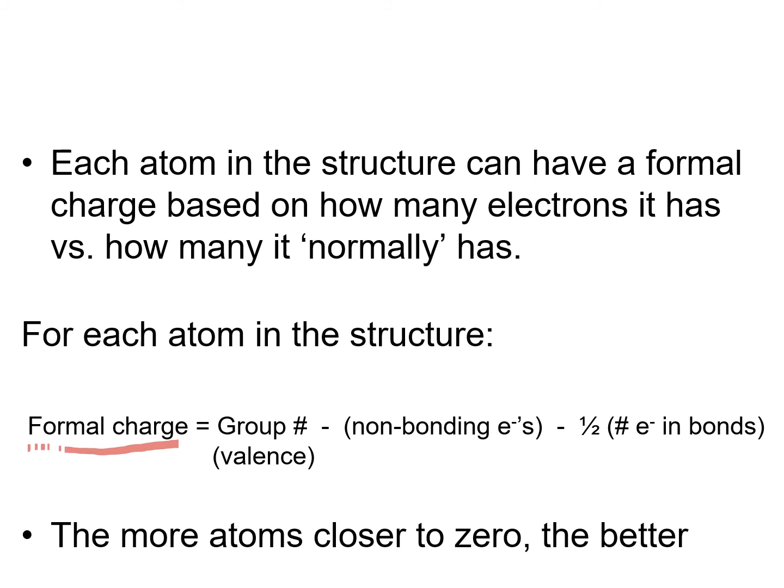We're going to take that and subtract the non-bonding electrons around the atom, so the lone pairs, and we're going to subtract half the number that are in the bonds. So each bond has 2 electrons in it, so for every bond we subtract 1 electron. The more atoms that we get with a formal charge that is closest to 0, so essentially we want low formal charges. If your structure has low formal charges, it's a better structure.